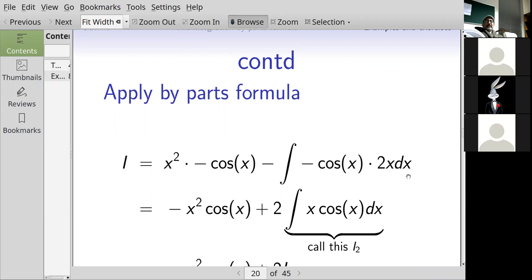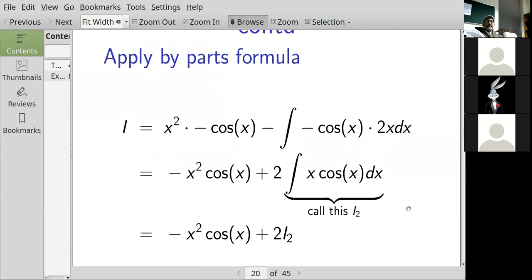Okay, so now let's simplify this. We'll cancel the double negative signs to get a positive. So we will get minus x squared cos of x plus twice the integral of x cos of x dx. Okay, so I had a polynomial of degree 2 times a sine.